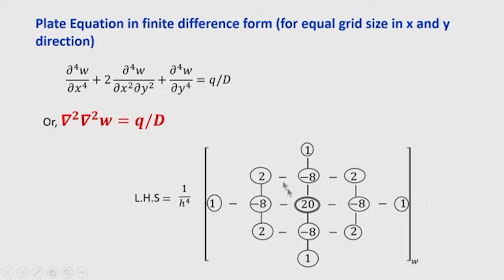When you place the stencil at the nodes, with the center node say 0, this quantity can be understood as 20 W 0, this quantity as minus 8 W 1, this quantity as 1 into W 2, and any other quantities can also be interpreted like that.